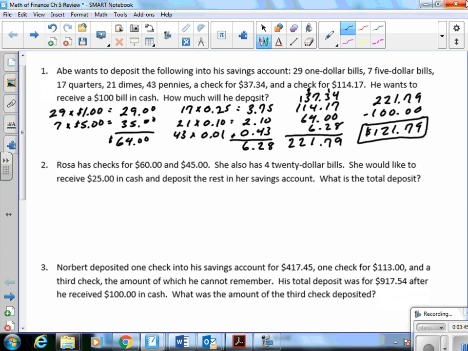All right, so number 2, Rosa has checks for $60 and $45. She also has 4 $20 bills. She'd like to receive $25 in cash and deposit the rest in her savings account. What's the total deposit? This one's a little simpler than the last one. So got checks for $60, $45, and she got 4 $20 bills. So 4 times 20, $80.